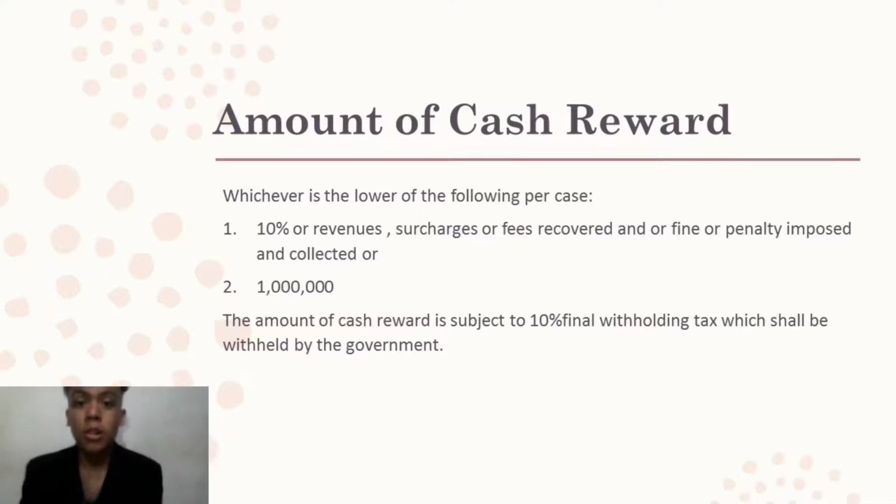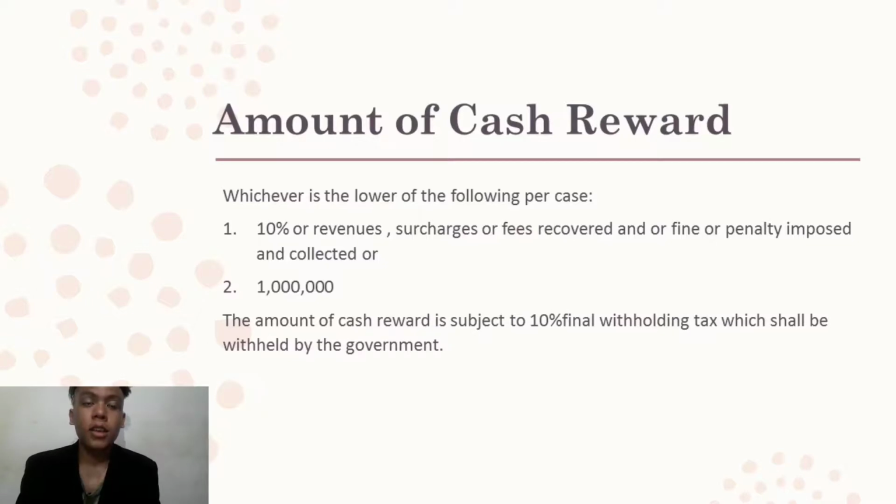So, for example, Mr. Pancho provided information to the BIR leading to the recovery of 15 million in unpaid taxes. So, the cash reward will be computed by getting first the 10% of the recovered amount, which is 15 million multiplied by 10%, and we will get 1.5 million.